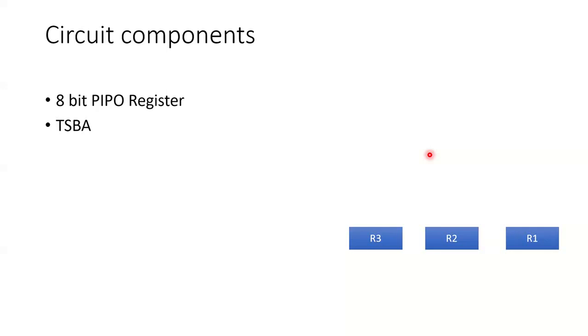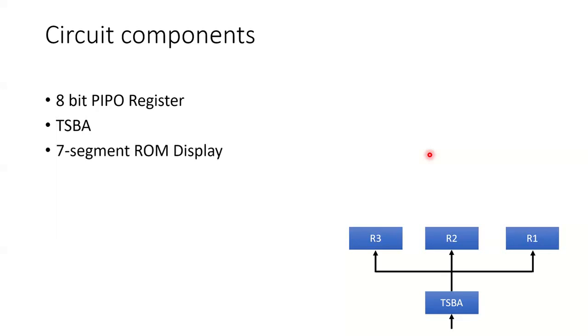So the TSBA will enable you to control whether you want to let the data flow from the keypad to the registers or not. If the TSBA is enabled, then the data will flow. If the TSBA is disabled, then the data will not flow.